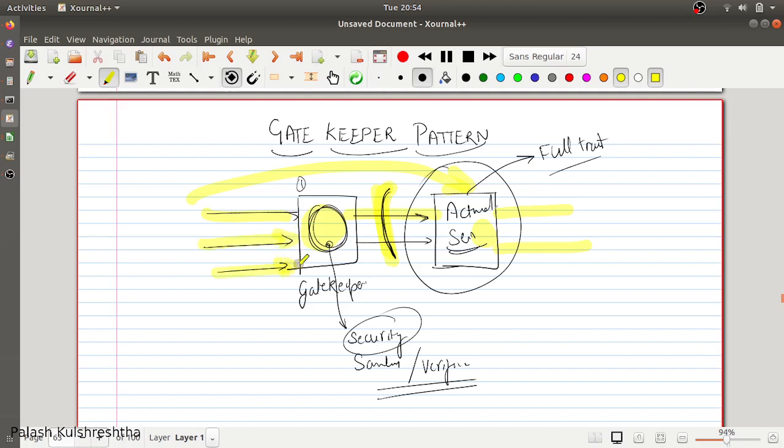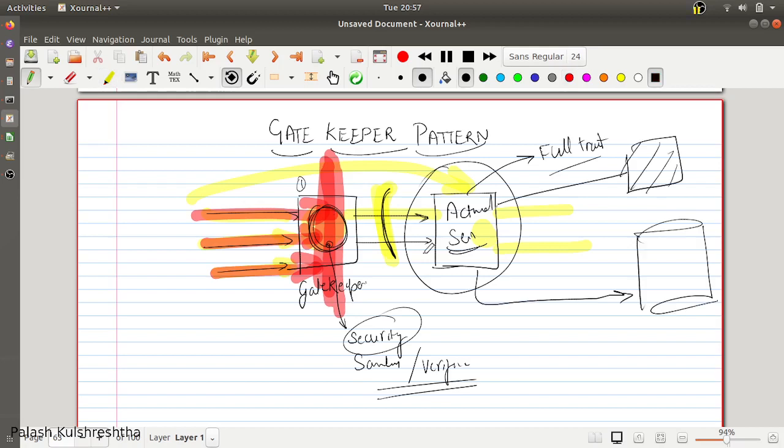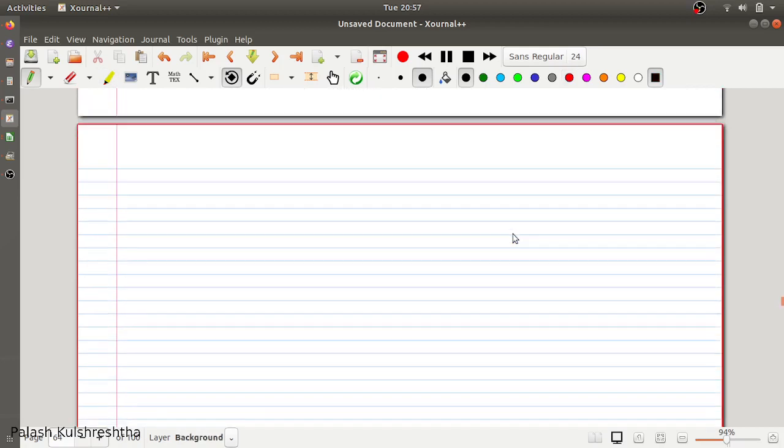So it is going to become the first layer of defense in your system. Any traffic that goes through your system goes through your gatekeeper service, and it is providing the verification, security, and it is also verifying whether those requests are valid or not. So this way you are making your application more and more secure.